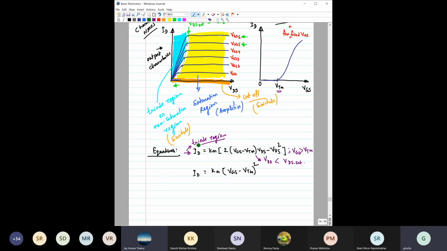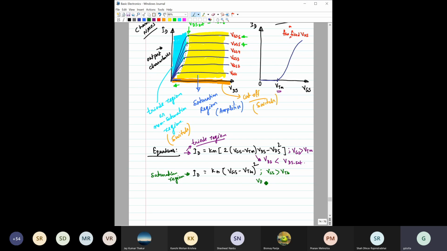Okay, sir. So this is for the triode region, and this equation is for the saturation region. For the saturation region, the criteria would be obviously that VGS has to be greater than VTN, right?